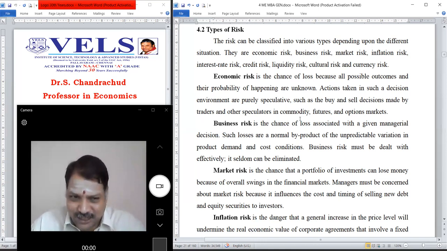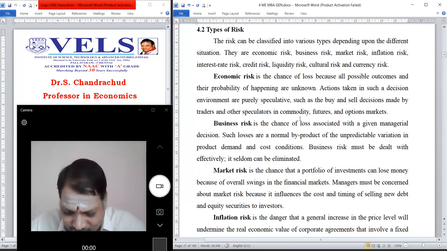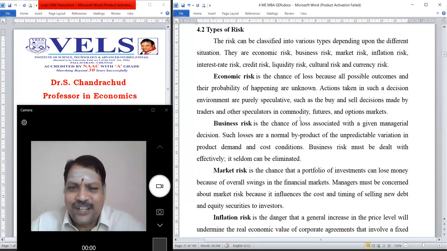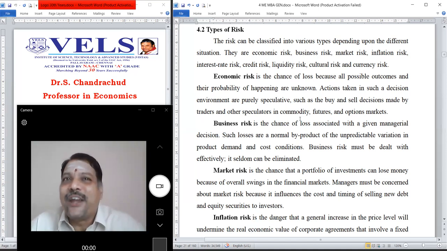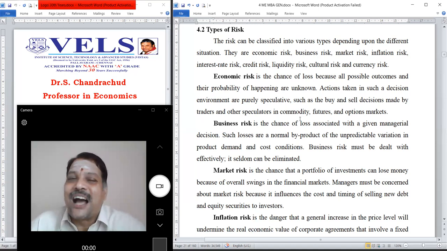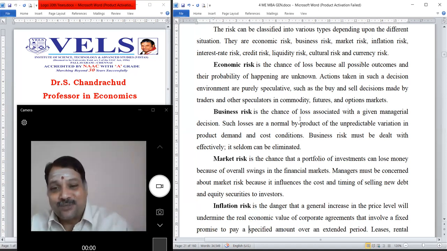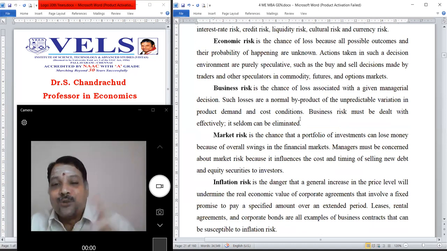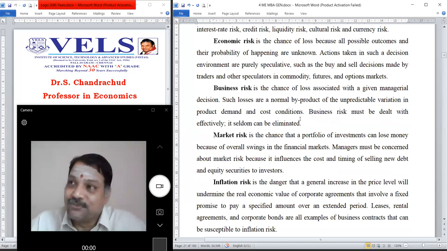The business risk must be dealt with in the right manner, failing which you will end up in loss. It can seldom be eliminated. Better not to take a business risk. Economic risk we can take, but business risk we should not take, because the cost may change and the demand for the product may change. Based on that, you have to wait and understand the situation. After that only you should take this particular risk, failing which you will be thrown out of the market.